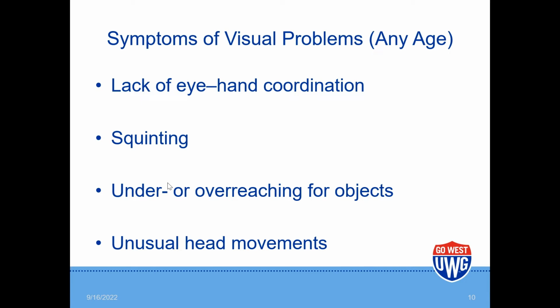If they're trying to squint to see certain things, like a ball's coming at them and they're trying to squint to see it, that could be a sign. Another is under- or overreaching for an object, so there's an object sitting there and their hand goes past it or falls a little short. This can be very subtle and quickly corrected if they've been doing it a while. And then also unusual head movements, maybe trying to adjust because they're not quite getting that sensory input correctly for that perception to be molded correctly.